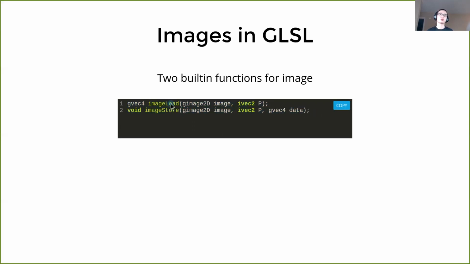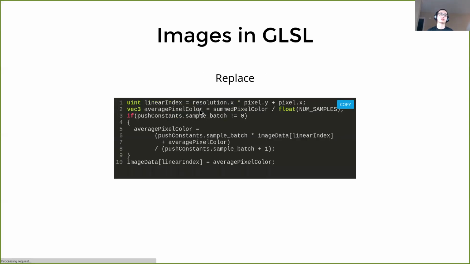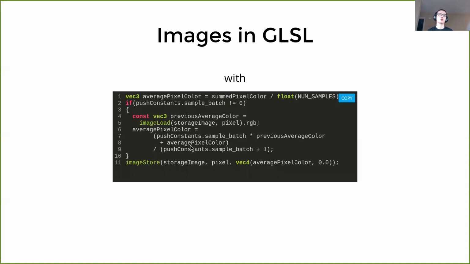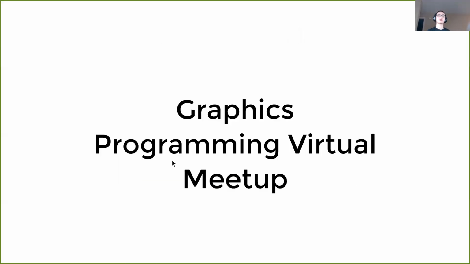And we can use imageLoad and imageStore in our code by replacing this buffer reading and writing with this particular code, where everything is still almost the same, but for the previous average colors, instead of reading from the buffer with the array syntax, we use imageLoad. And at the end, instead of writing to the buffer with the array assignment syntax, we have this imageStore. And yeah, that's it. Any questions before I end the recording?